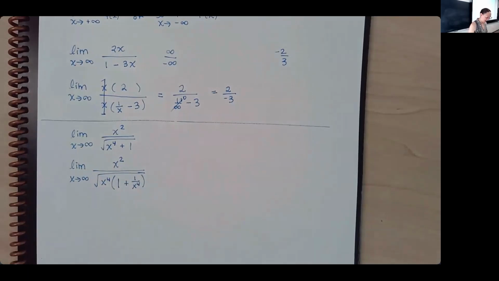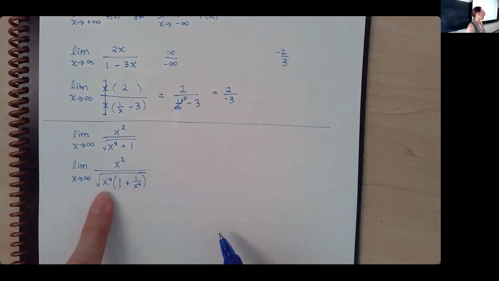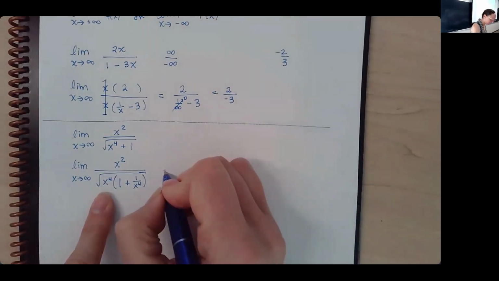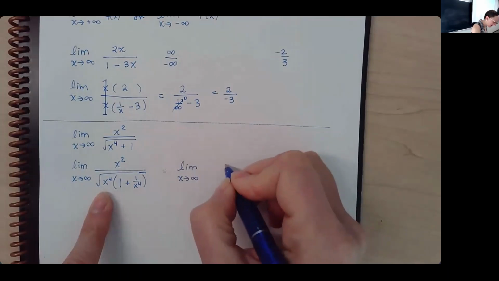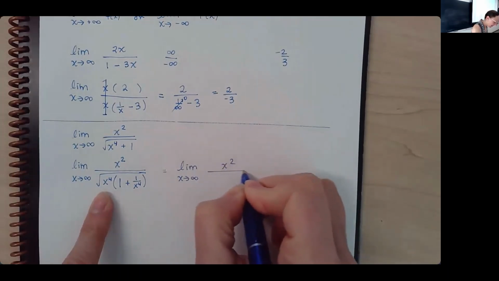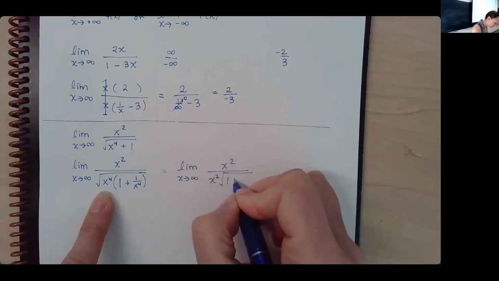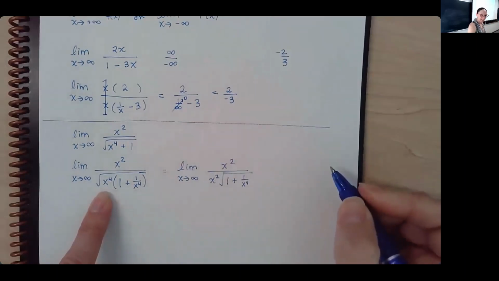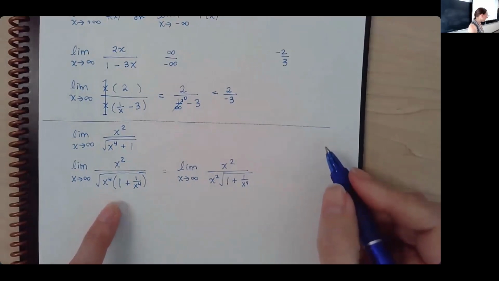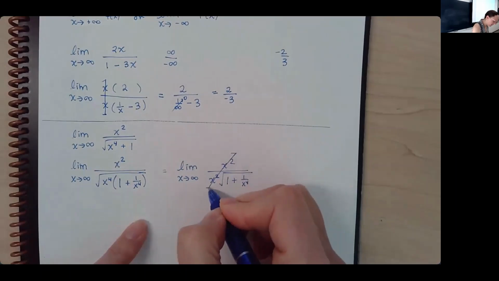And then I'm going to say, well, what do I get when I take the square root of x to the fourth? So I've got the limit as x approaches infinity. I've got that x squared on the top. And now I've also got an x squared on the bottom. And conveniently, my x squareds are going to cancel out again.